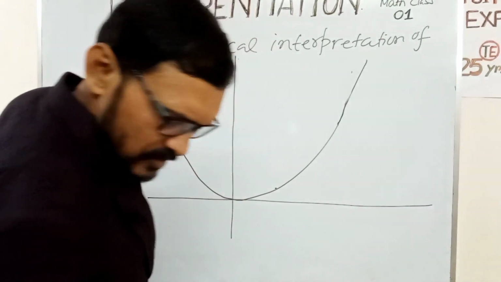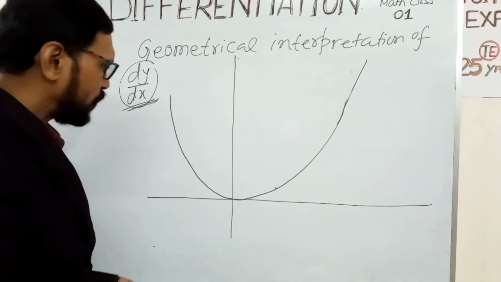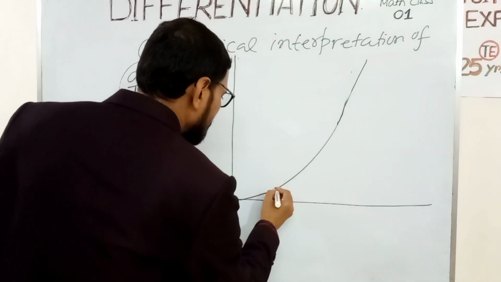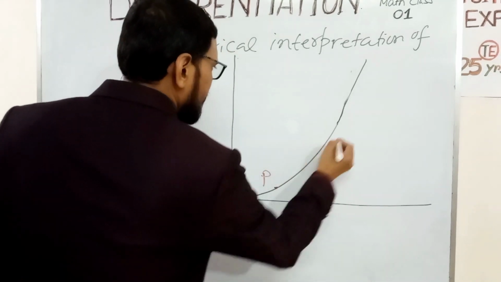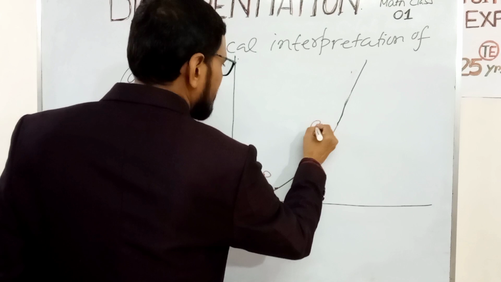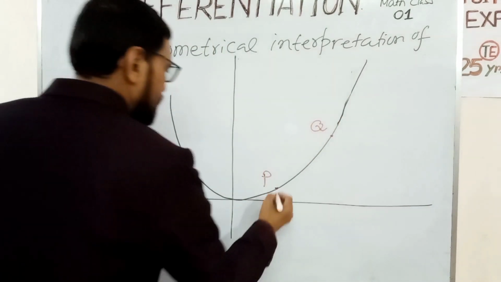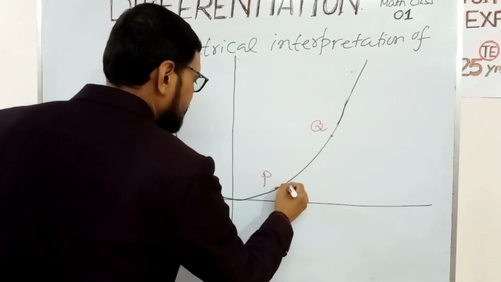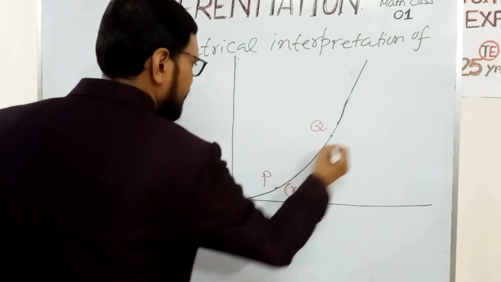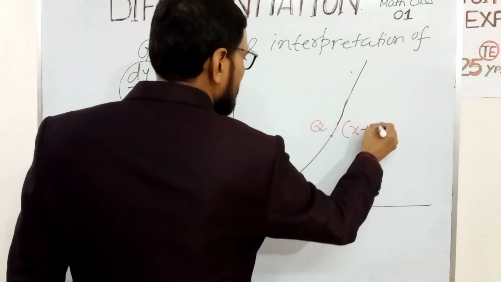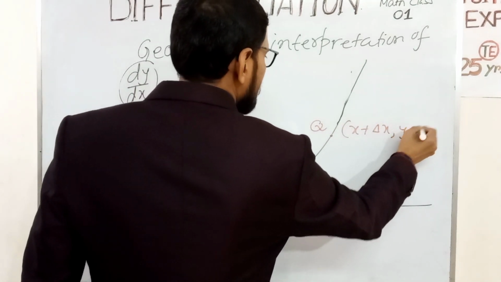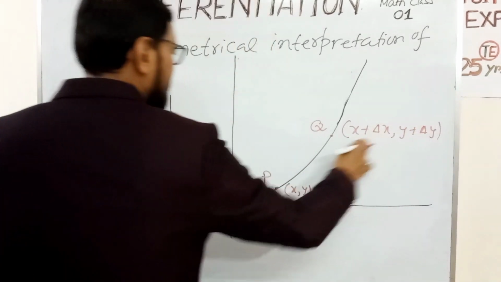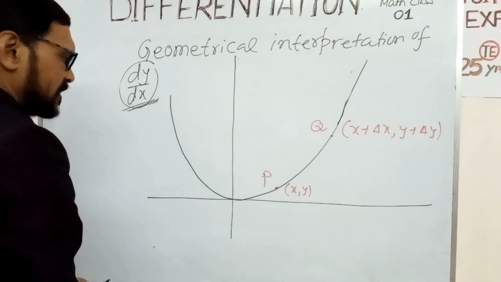Take two points on the graph. Suppose this is point P and this is point Q. Now this coordinate is (x, y), and these coordinates become (x plus delta x, y plus delta y).